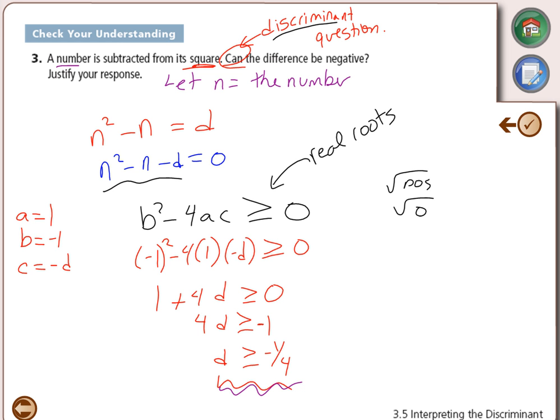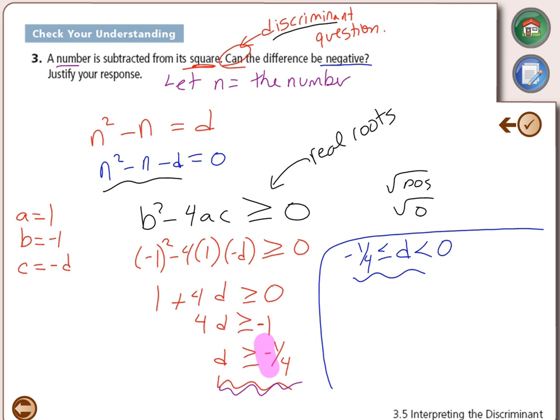Well, if they're telling you right here that it has to be greater than or equal to negative 1/4, yeah, it can be negative. And specifically, where is it going to happen? Well, if we're talking about being negative, that's when d is less than 0. So anywhere between 0 and negative 1/4 is a possibility. So yeah, it can happen.